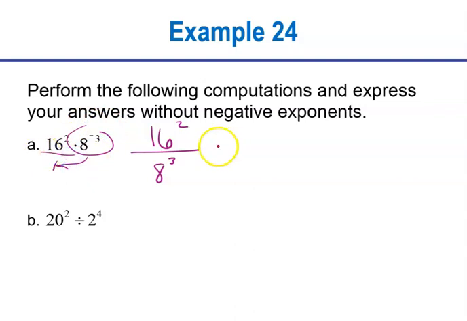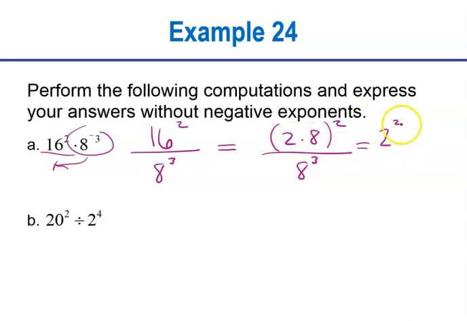Now watch this. We're going to try to do all this without a calculator if we can. 16, I bet you agree, is 2 times 8, squared. I just rewrote 16 as 2 times 8, and in the denominator I have 8 to the third. Well, whenever you have parentheses with an exponent on the outside, as long as it's multiplication, you can write that as 2 squared times 8 squared over 8 to the third in the denominator.